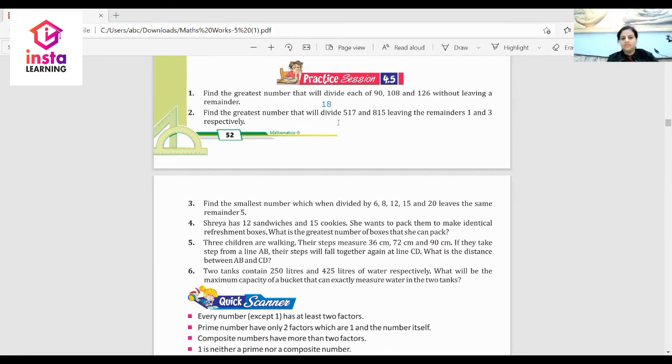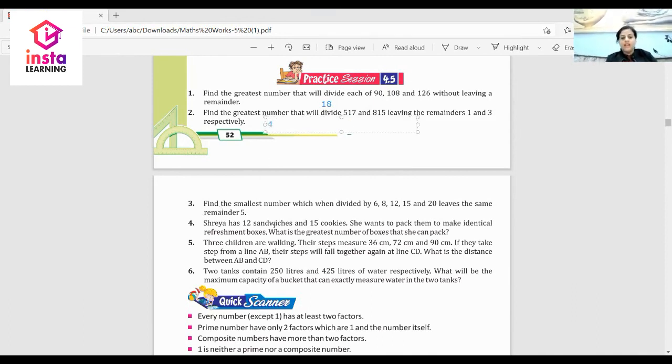Leaving the remainder 1 means you have to do minus 1 from 517 and minus 2 from 815. Then when we divide, when we get the HCF, we will get the HCF 4.